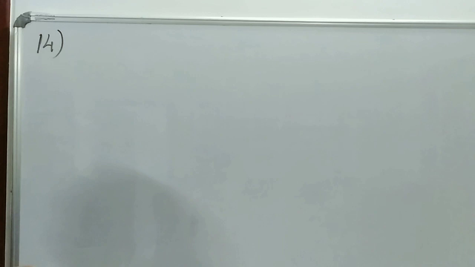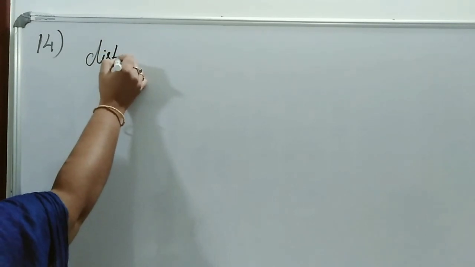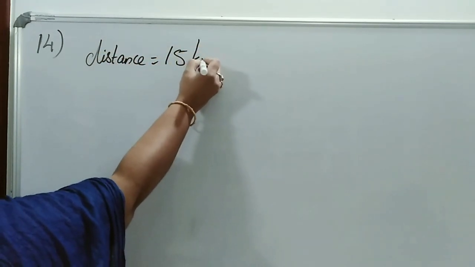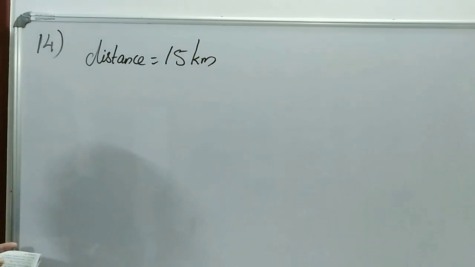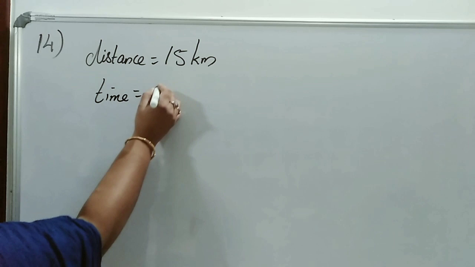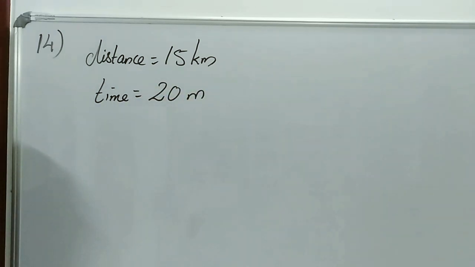Question number 14, a car travels a distance, so distance is given 15 km, in 20 minutes. So time is given 20 minutes. Find the speed of the car.